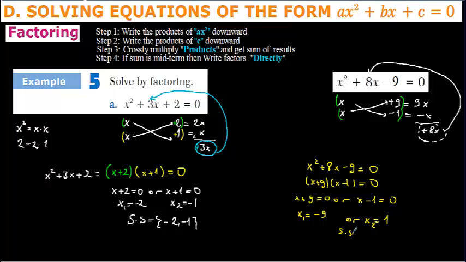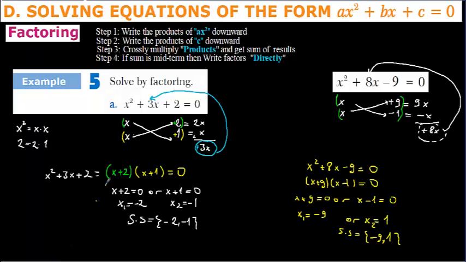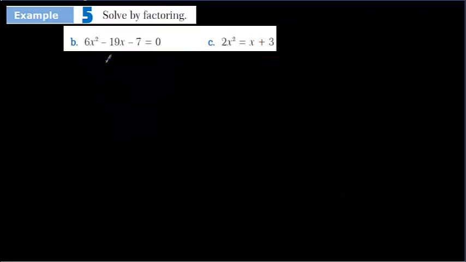So the solution set is minus 9 and 1. Okay. In the previous questions, the a values were equal to 1 for x squared. Here, if the form is 6x squared, or 2x squared, what are we going to do?